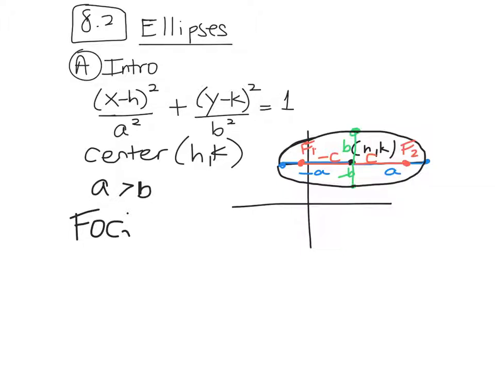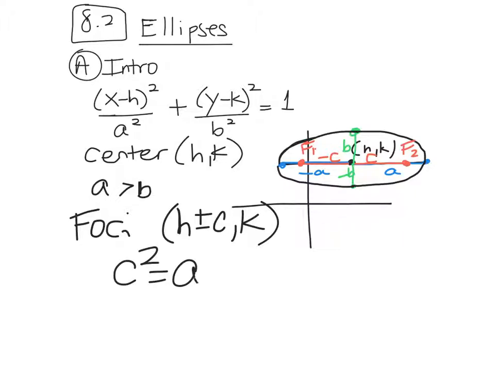And the foci are going to be at the point, in this case, (h plus or minus c, k), if a is bigger than b. What that means is from the x value of your center, you would go a distance of c in each direction. Now, how do we find c? c is found by doing c squared equals a squared minus b squared. Okay, that's when a is bigger than b.